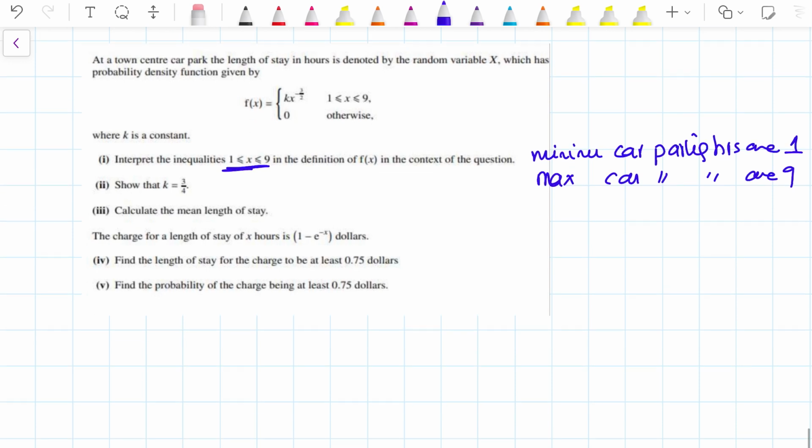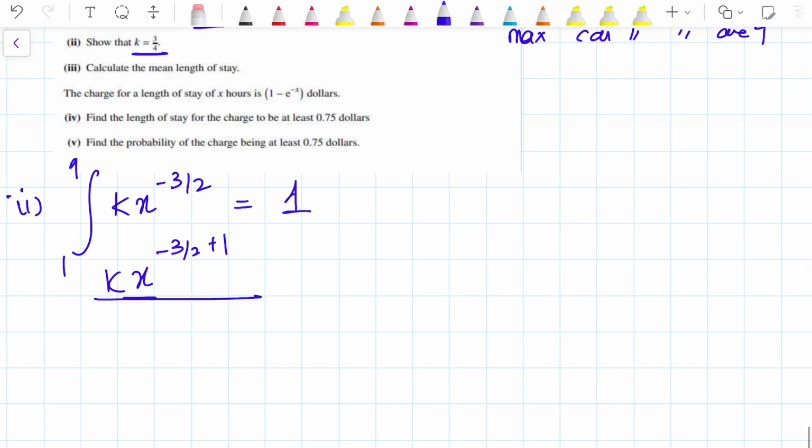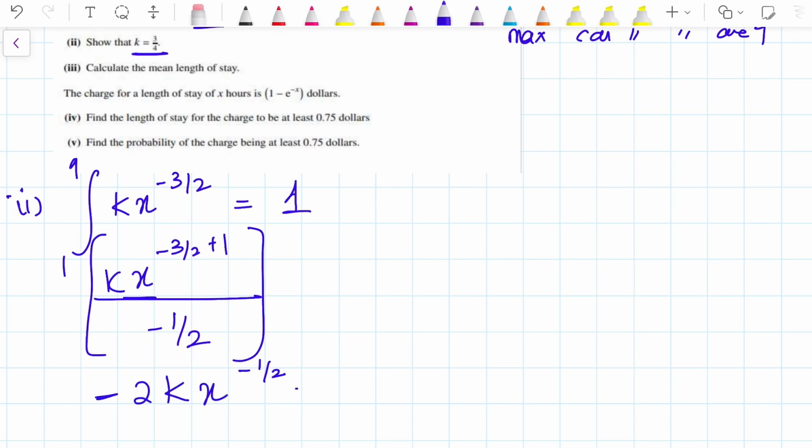Now for the second part, show that k is equal to 3 upon 4. So you know when we integrate the function with full limit, the answer is equal to 1. Add 1 to the power divided by new power. Minus 2k with the limits 9 and 1.